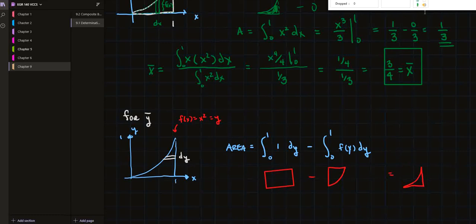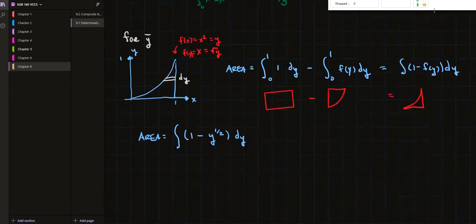Well, if f of x equals x squared equals y over here, then x equals the square root of y, and this is f of y. So this equals the integral of 1 minus f of y dy, and then this equals the integral of 1 minus y to the 1/2 dy, which is y minus 2y to the 3/2 over 3 evaluated from 0 to 1.